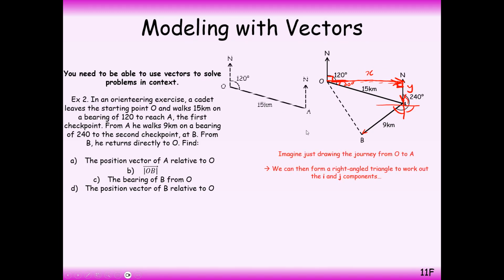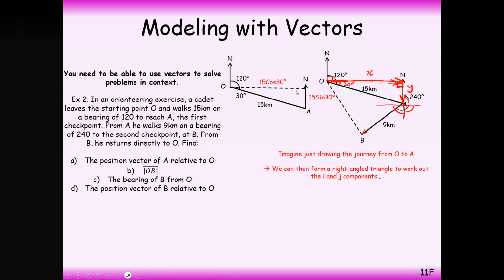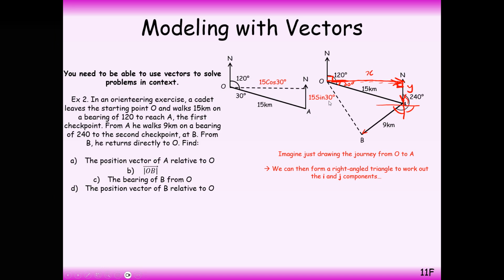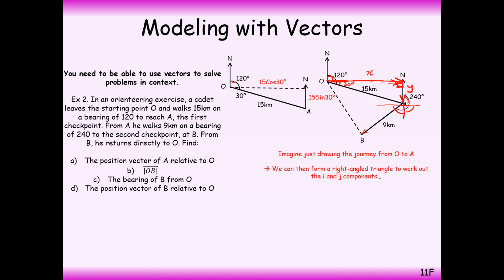So we're going to draw that right angle triangle here, and using the fact that the hypotenuse of this triangle is 15, we said that the x direction is 15 times cos 30, and the y direction is 15 times sine 30, because we've got an angle of 90 degrees there and 30 here.